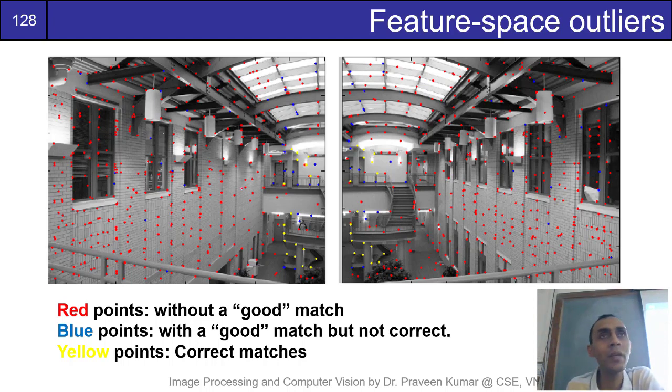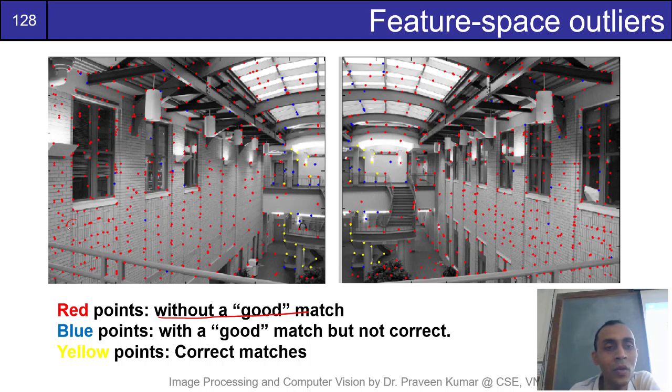But if you run any key point detector, it may detect some key points here and some key points here. Now, for example, the points which are in red, they won't have a good match. Why? Because you see the patch around these key points, these are not distinctive enough.